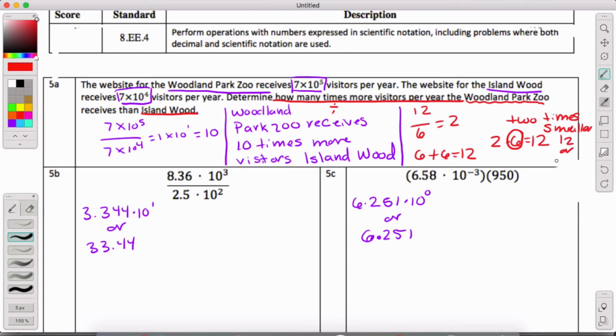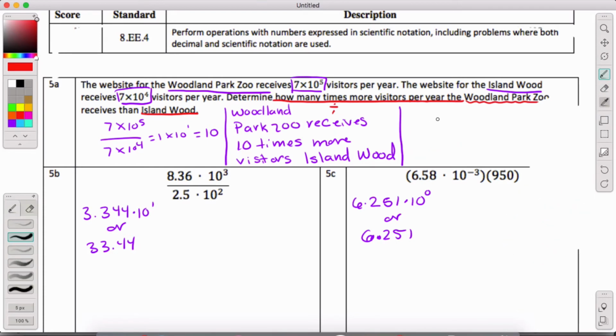Or you could say that 12 is 2 times bigger than 6. Okay, so we have that little bit of a reference point here.